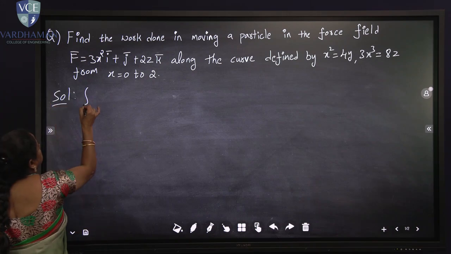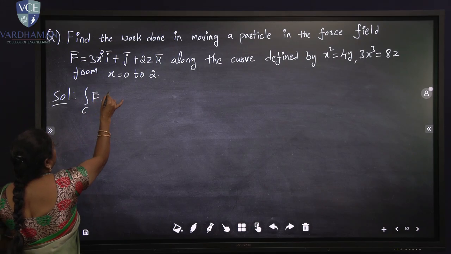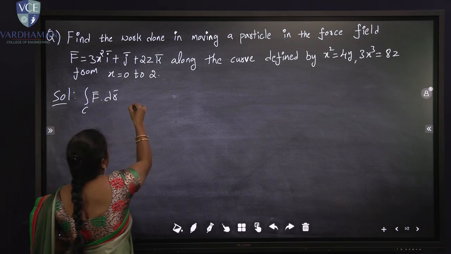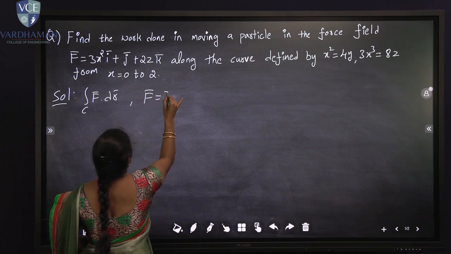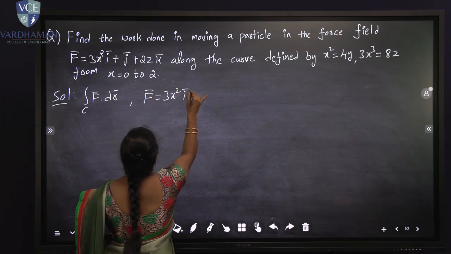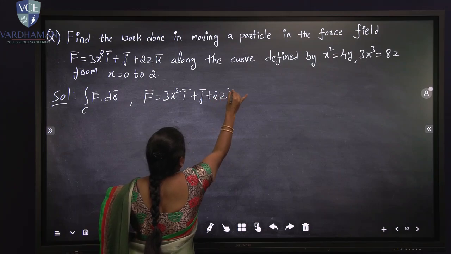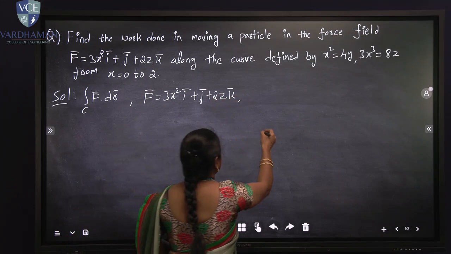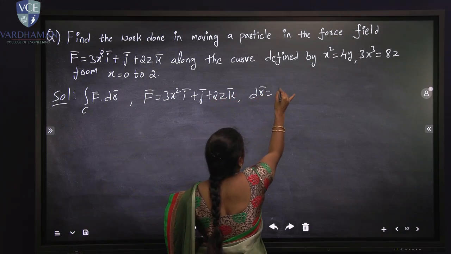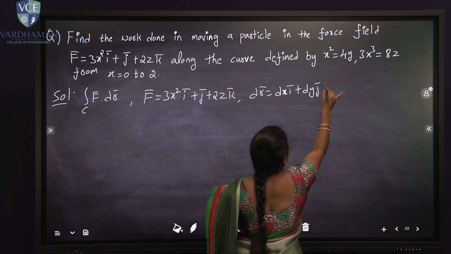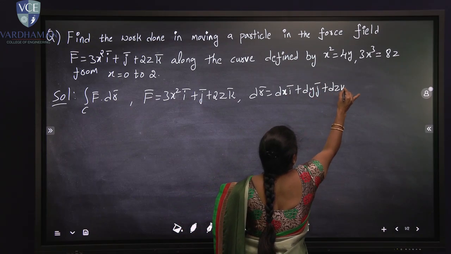Now, integral C F bar dot dr bar is the work done by the force. Before that, F bar they have given 3x square i bar plus j bar plus 2z k bar, and dr bar equal to dx i bar plus dy j bar plus dz k bar.